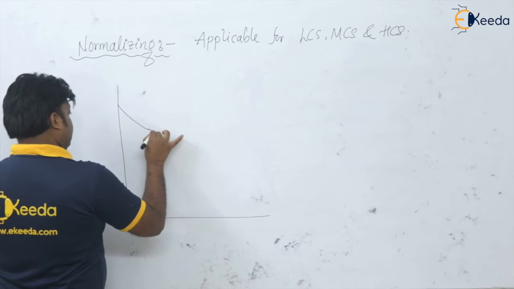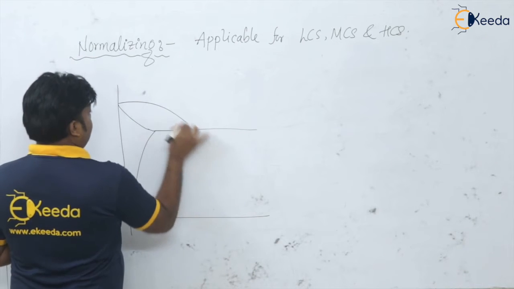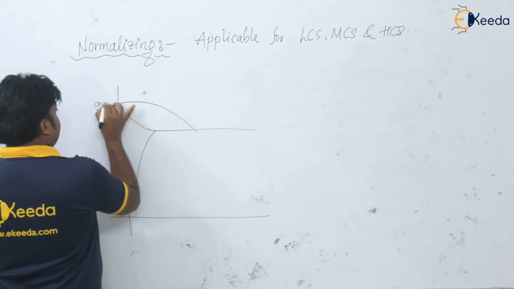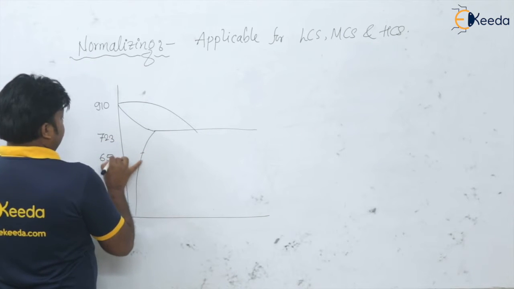eutectoid transformation, it is 910 degrees centigrade, this is 723 and this is 650.